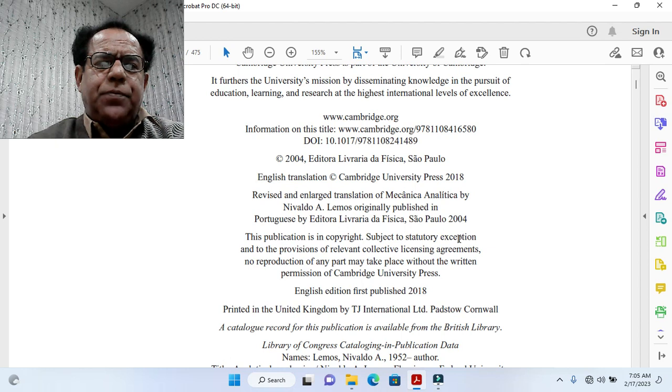English edition first published 2004, copyright 2004, and then revised and enlarged translation. English edition first published 2018.